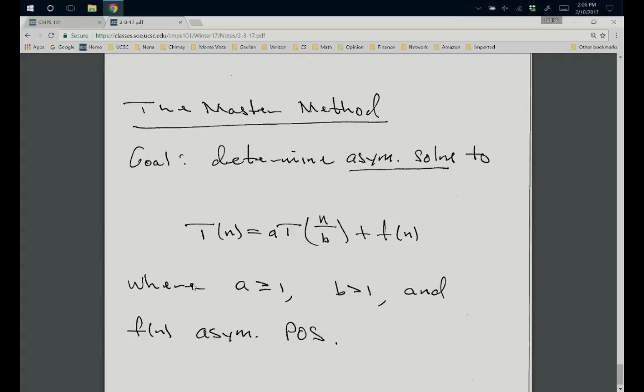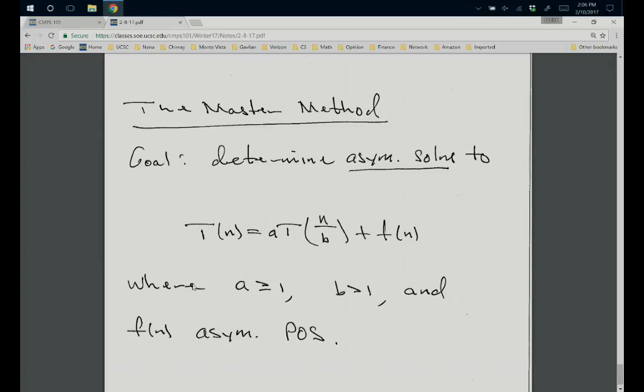So, for instance, if I took T of n equals 8 T of n over 2 plus 10n cubed plus 15n squared minus n square root n plus n log n minus 1.